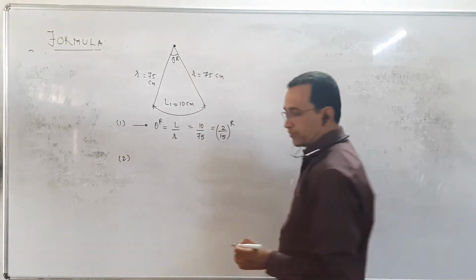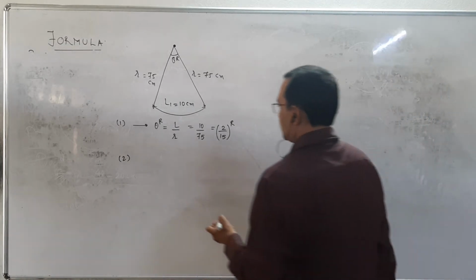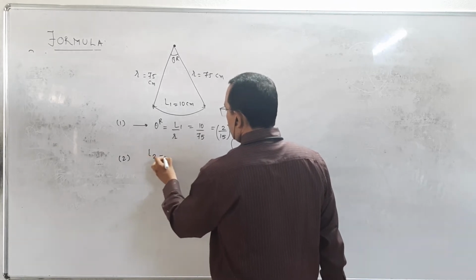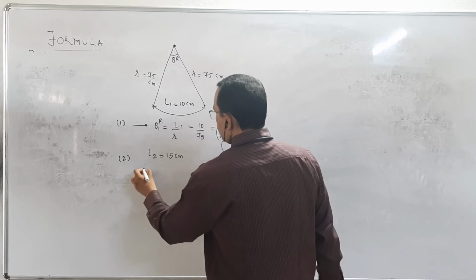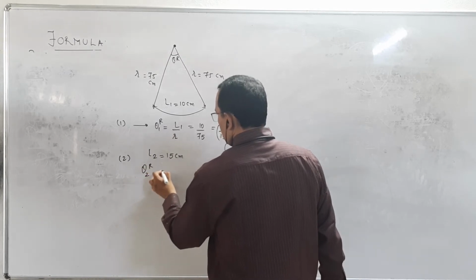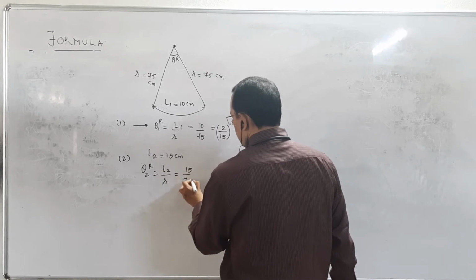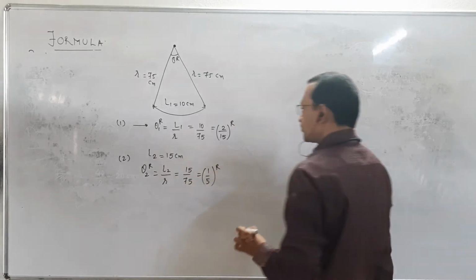Second time, the length of the arc is 15 centimeter. Now L2 is equal to 15 centimeter, and let us take this as theta 2. Now theta will be L2 upon R, 15 upon 75, and that is nothing but 1 by 5 radian.